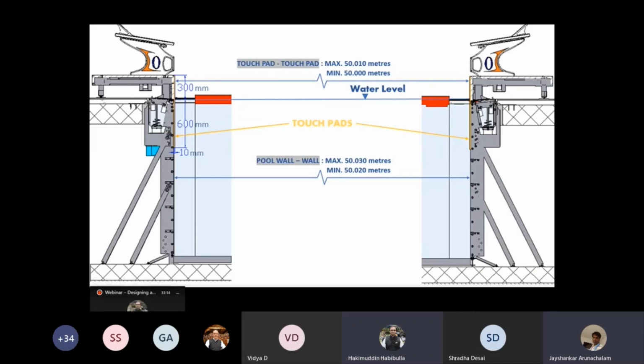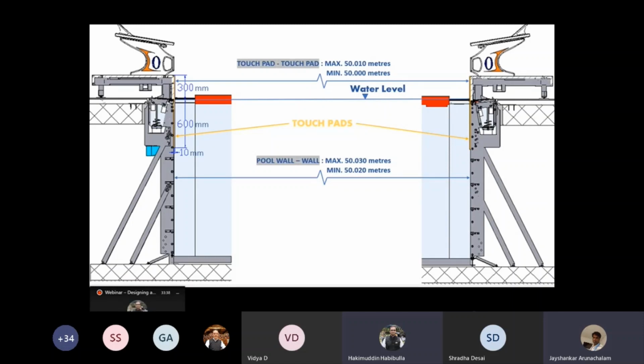I'm sorry, so 50.010 is the maximum tolerance when touch pads are in place. When you do not have touch pads, then wall to wall, it is 50.020 to 50.030. That's the wall-to-wall detail.